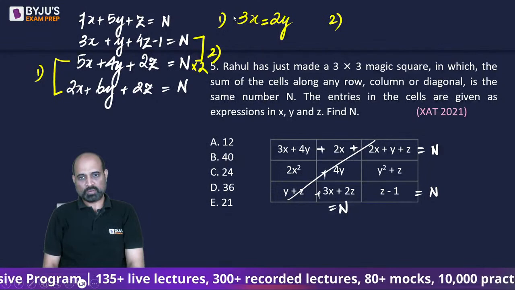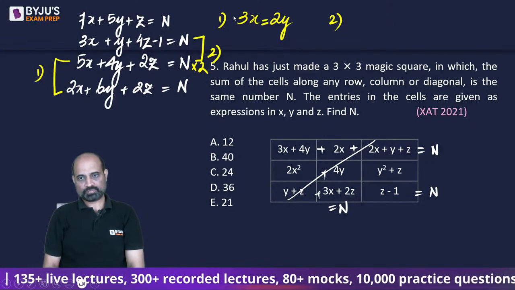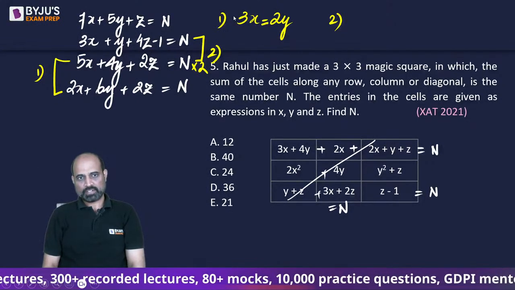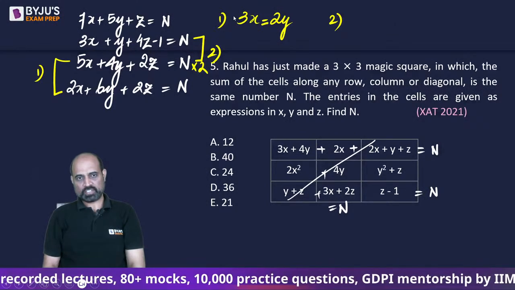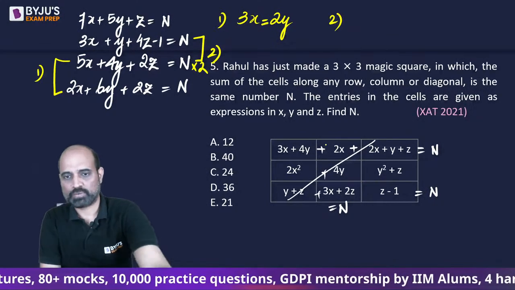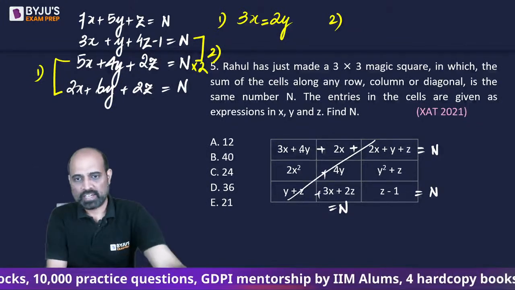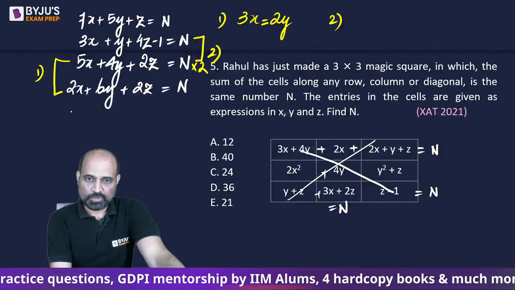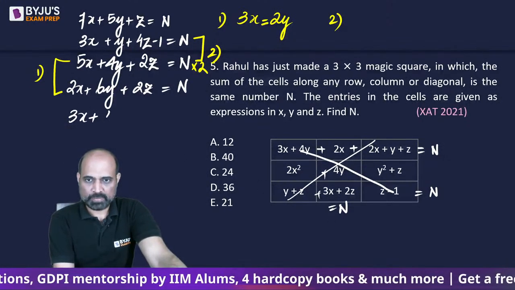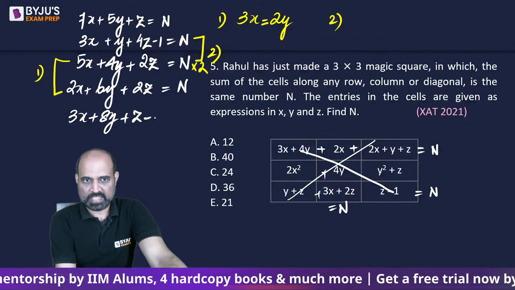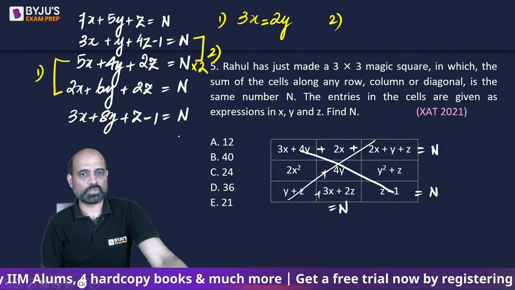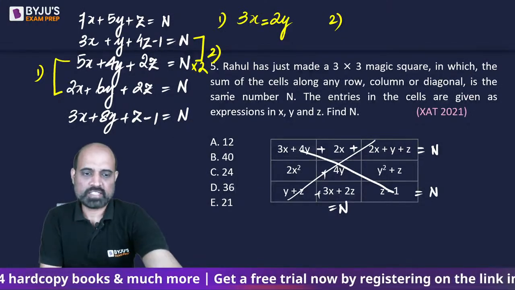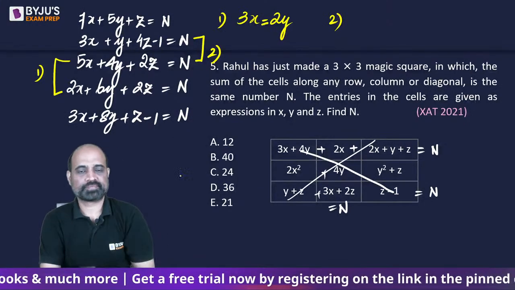Should we choose some other equation? 3x plus 8y. We can choose another equation also. Let's look at this diagonal. If we look at this diagonal, we get 3x plus 8y plus z minus 1. That is also equal to n. Okay, let's see if this is going to help us.